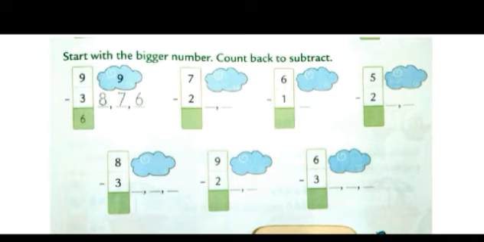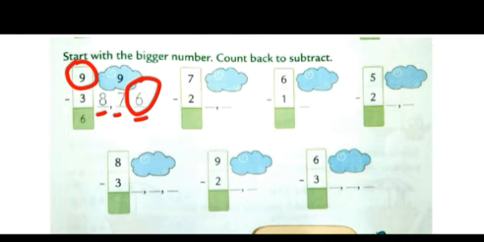Which is the bigger number? 9. From 9, we need to subtract 3. That means we need to count back 3 numbers starting from 9. So, what comes before 9? 8, 7, 6. Only 3 steps. Okay, so the answer is 6. This is the way how we subtract.